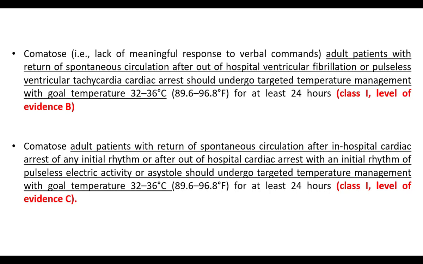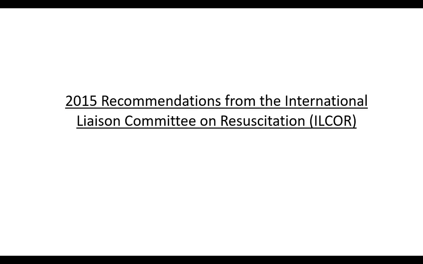And the second recommendation is that adult patients with return of spontaneous circulation after in-hospital cardiac arrest, so both out of hospital and in-hospital cardiac arrest, must undergo this TTM. The duration is 24 hours. The target temperature to be maintained is between 32 to 36 degrees centigrade.